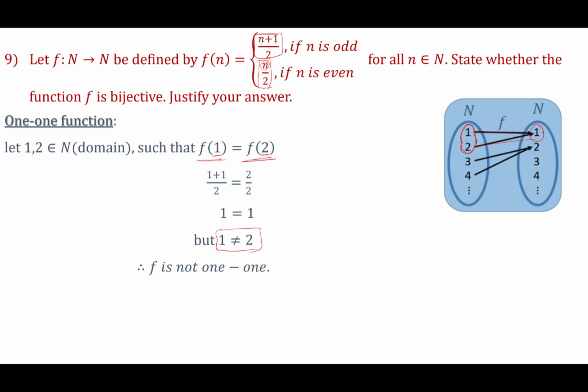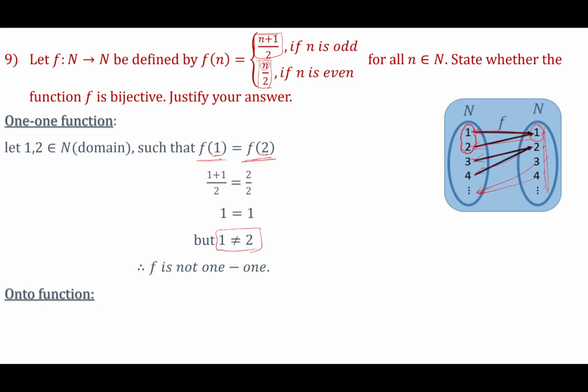If x is not 1, 1, then I have to go for onto function. How can I prove it? Check, if you see all the elements of codomain has a preimage, 1 or 2. Each element has some preimage in its domain.